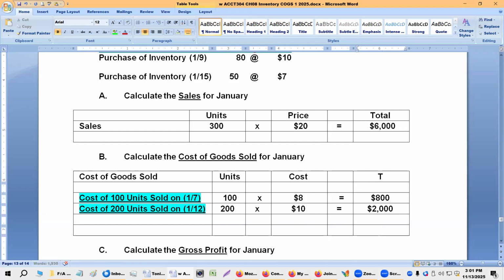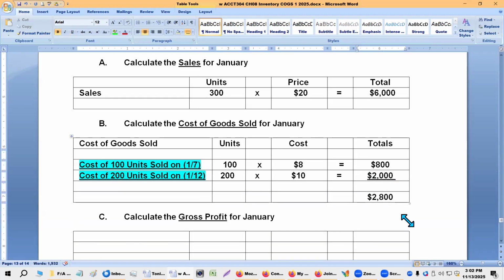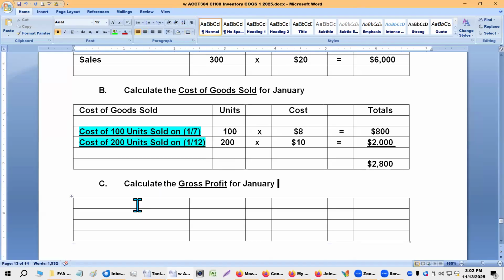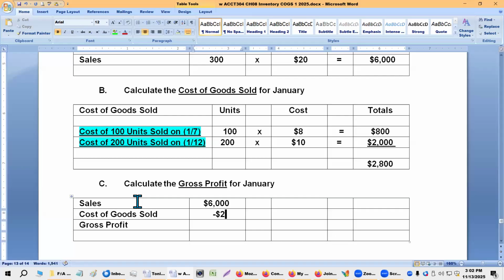And so this will be our cost of goods sold. Okay. Gross profit.